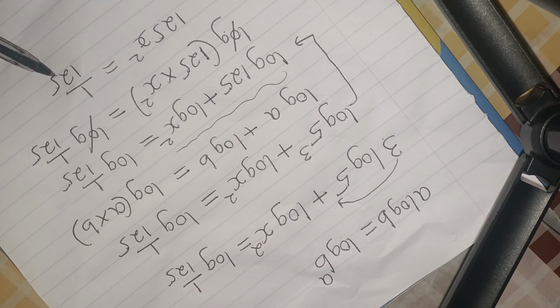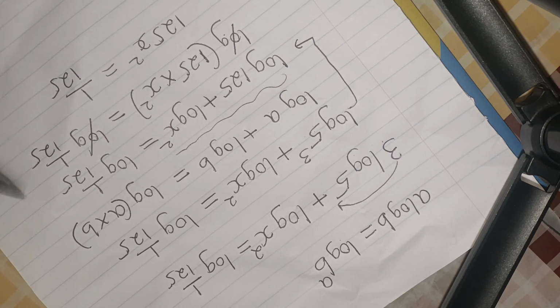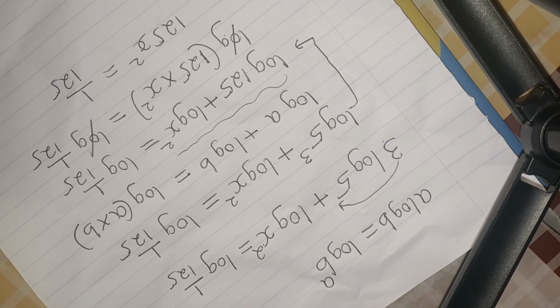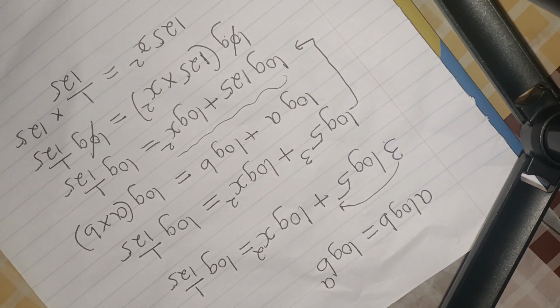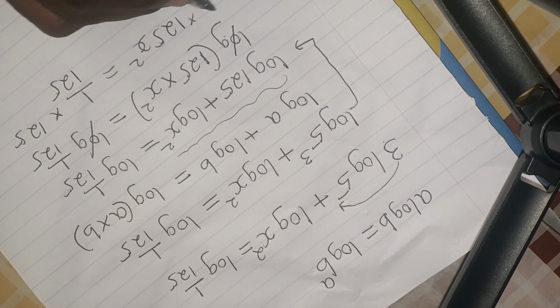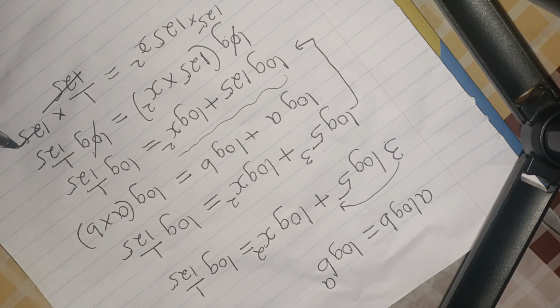I'll remove this denominator by multiplying all through by 125, so that this and this will disappear.